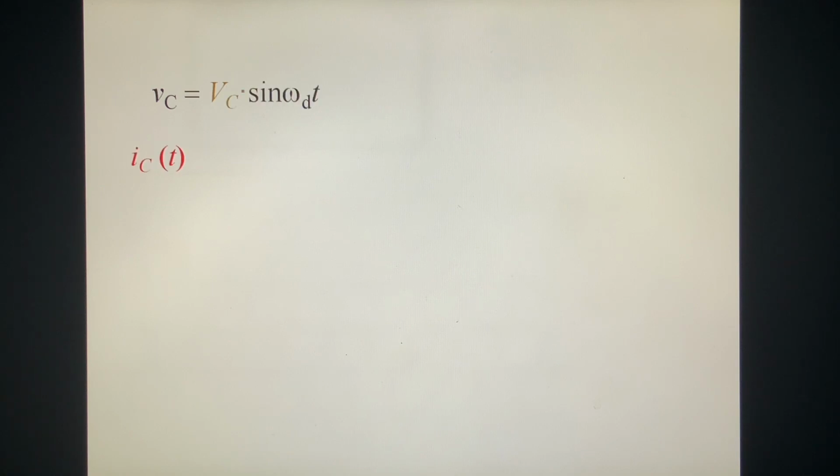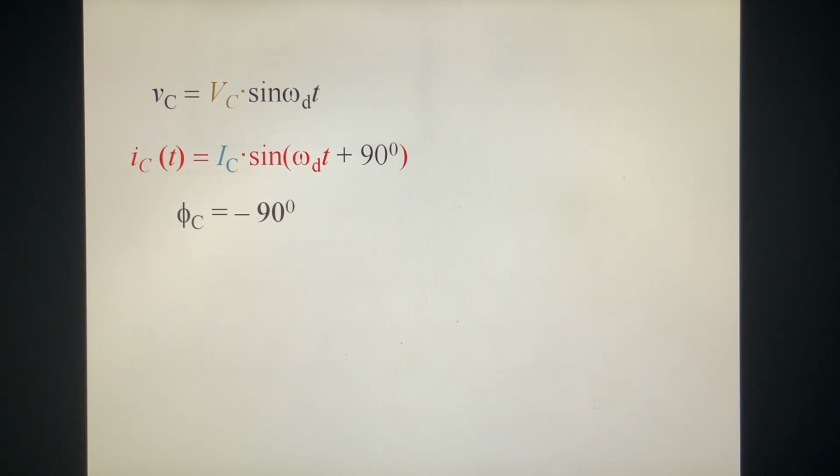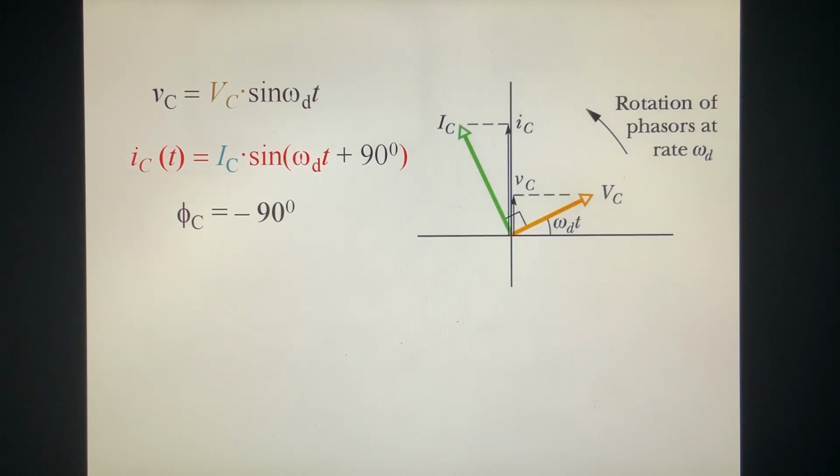Now we see this one, VC and IC. IC equals VC over XC, and this is minus 90. Current is leading voltage. Phi is negative 90 degrees. We express it in phasor form.